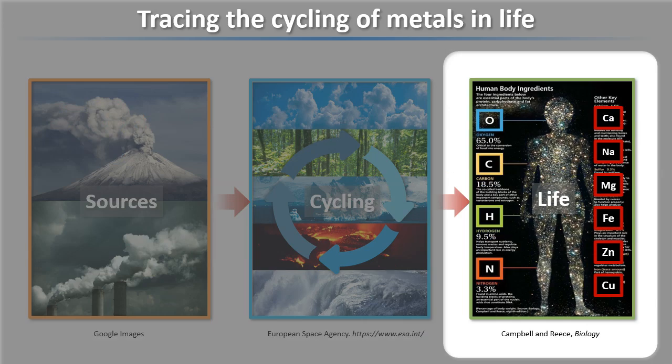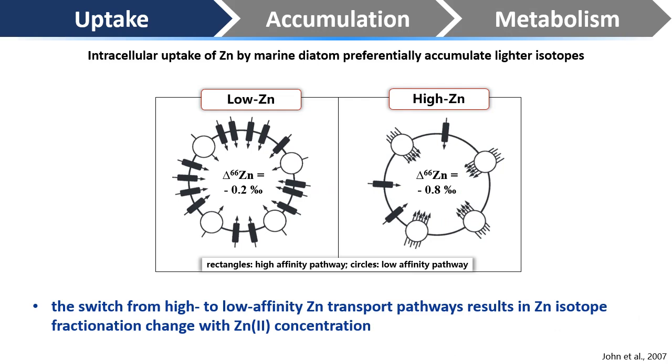By now, we can see that isotopic geochemistry shows great power in tracing the sources and the cycling of metals in the natural environment. So what we want to do is extend such success into biological systems, particularly because the traditional stable isotopes have paved the way for the entry of metal isotopes.